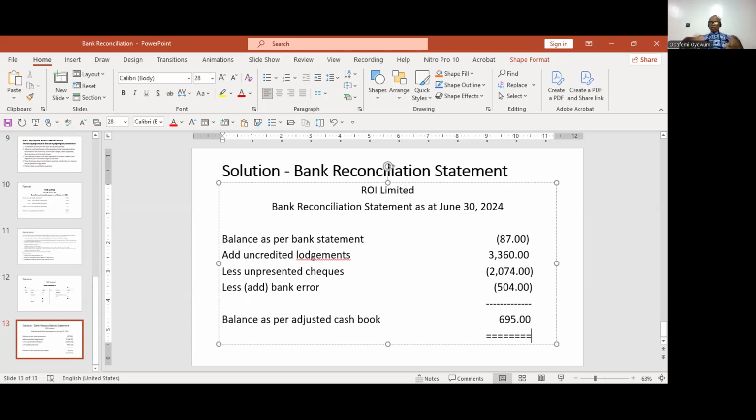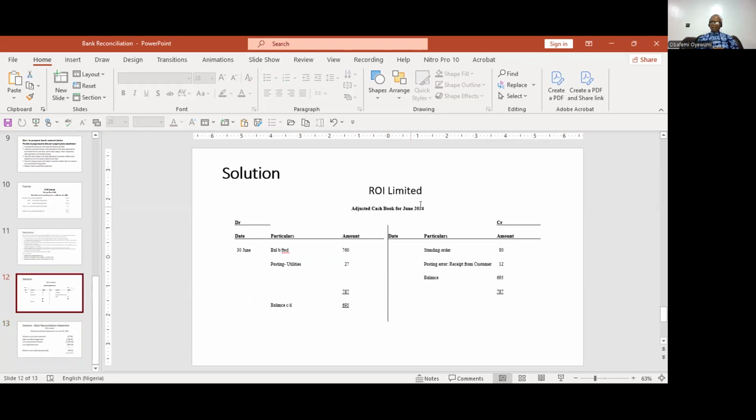Reconciling your cash book balance and your bank statement balance, at the end of the day, you can see that the figures are the same. The one here is also the same as the figure in our adjusted cash book. So that means we have been able to sort out the differences and recognize all the factors responsible, and we have been able to resolve it. So the reason why you have a particular figure and why the bank also has a different figure.